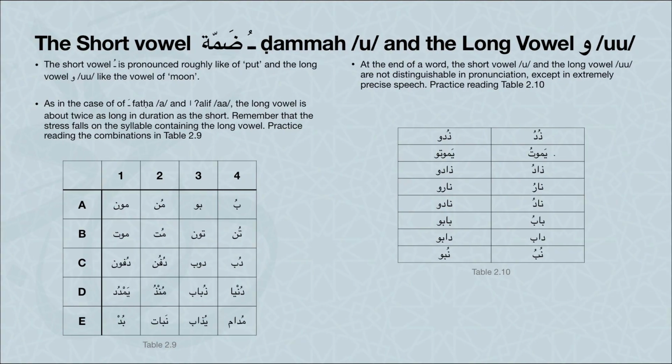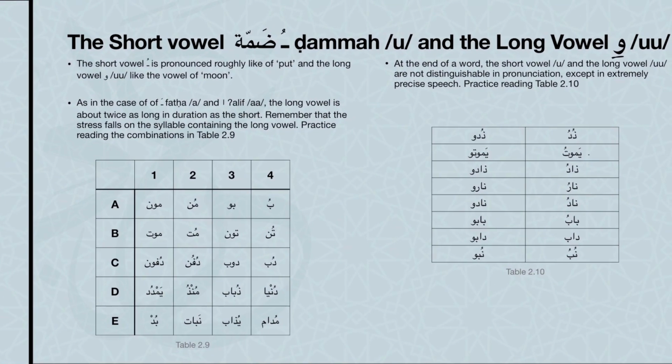So we jump to the second pair of vowels that we've learned. You already may have a good idea about it. It's the short vowel dhamma, u, and the long vowel oo, denoted by the waw.